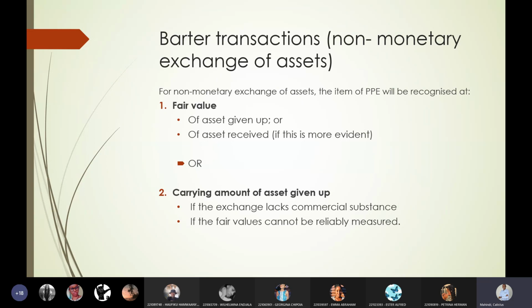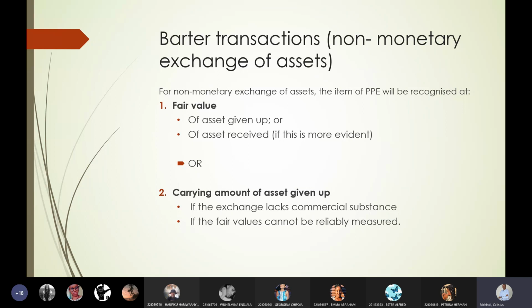Now, when this happens, since accounting has some rules, we cannot just ignore the transactions. There has to be a value that is allocated to those transactions. So at what value will you recognize the asset that you receive? IAS 16 gives us guidance, and it tells us that you will recognize the asset that you receive at the fair value of the asset that is given up, or you have an option to use the fair value of the asset that is received if that is more evident.